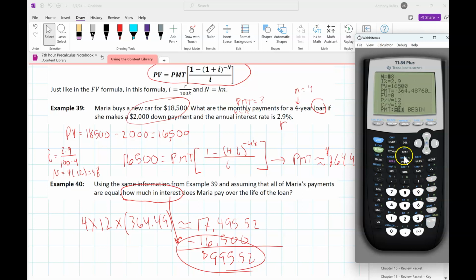So for our problem, N is the number of loan payments we have to make. That was the 12 times 4, or 48. The percent I is the interest. So that was the 12.9%. The present value is what we borrow from the bank. Because this is a loan, the future value should be 0.